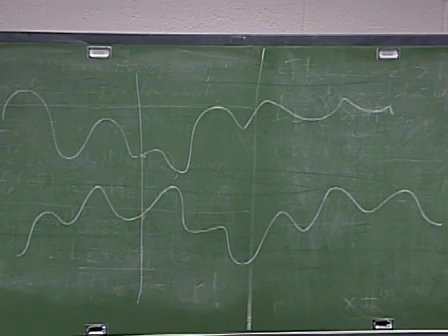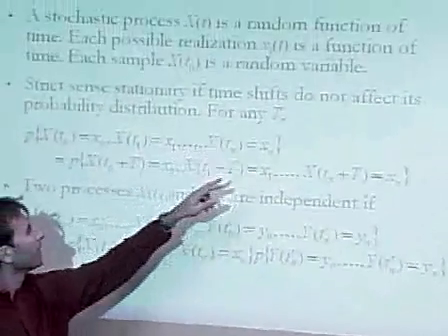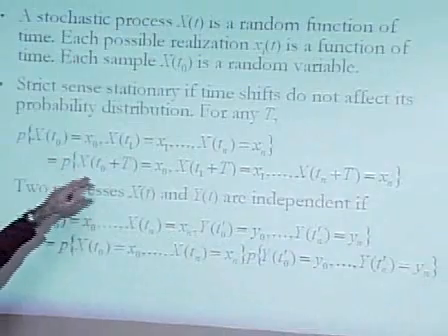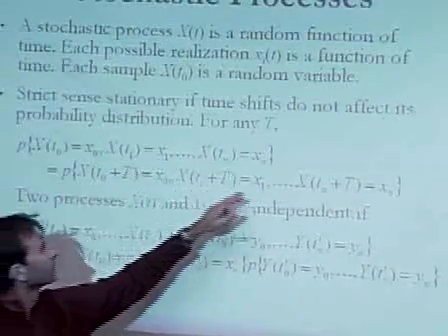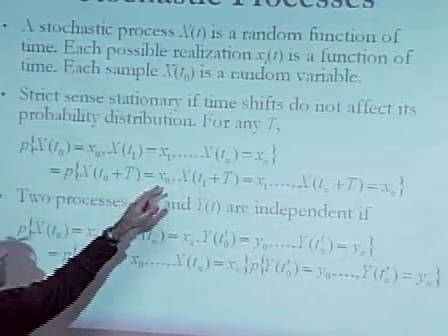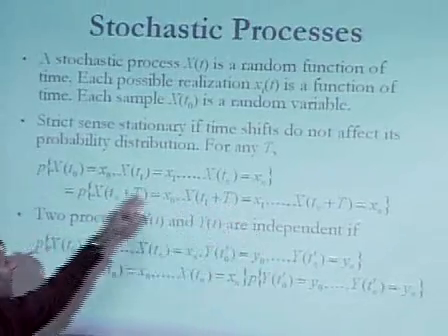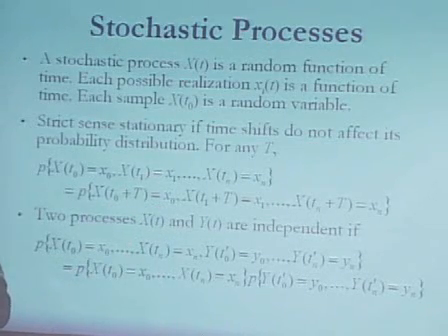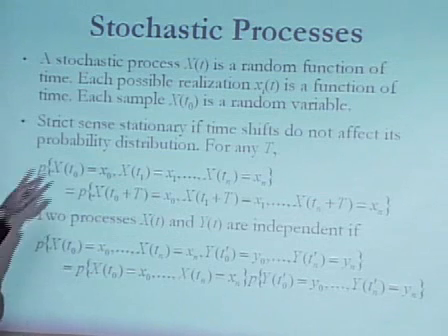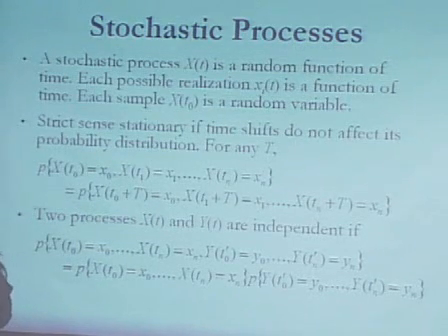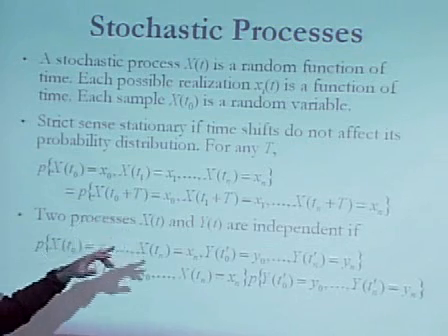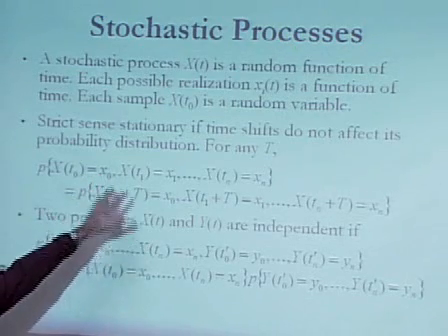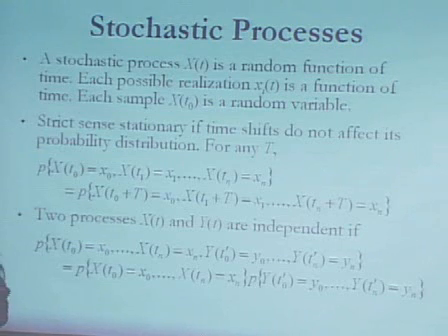The probability that the value of the random process at t0 is equal to x sub 0, the value at t1 is equal to x sub 1, etc., if this is unaffected by a shift of all the times by capital T, then we say that this process is stationary in the strict sense, or strict sense stationary. So if we shift everything by some arbitrary time, capital T, the probabilities don't change. That's what stationarity entails.